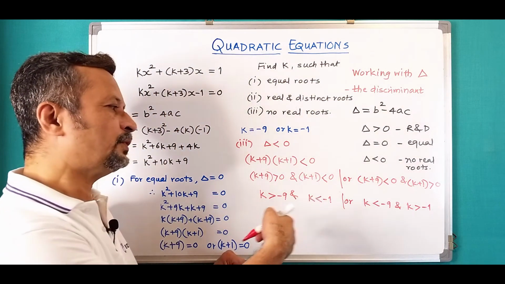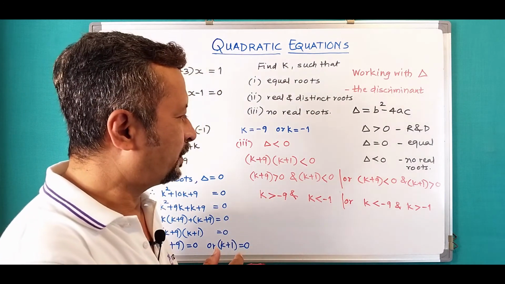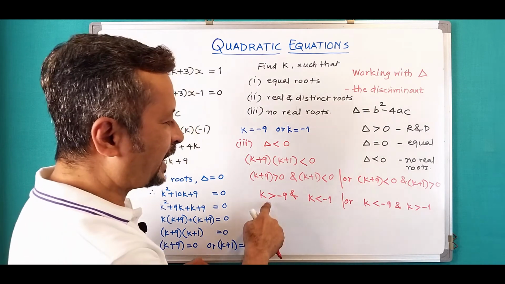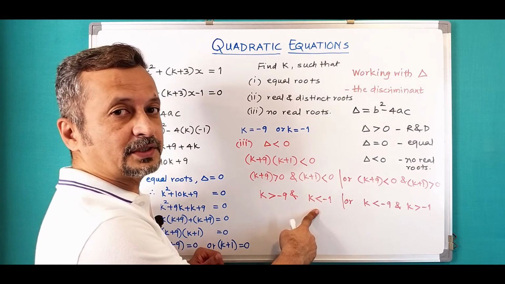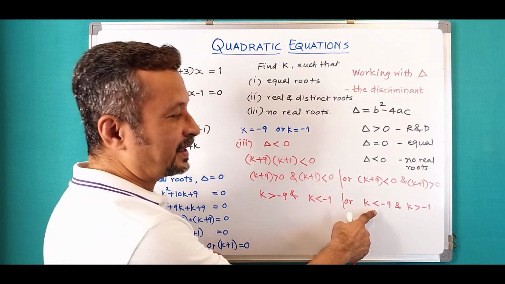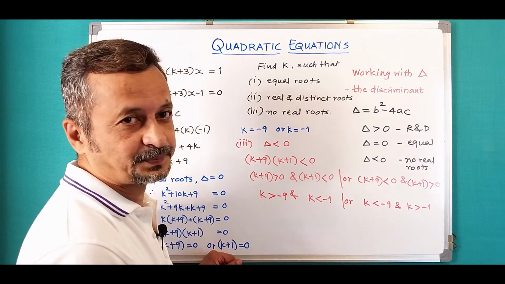Now how do you do this? How do you get the actual values? K has to be greater than minus 9, k has to be less than minus 1, k less than minus 9, k greater than minus 1.